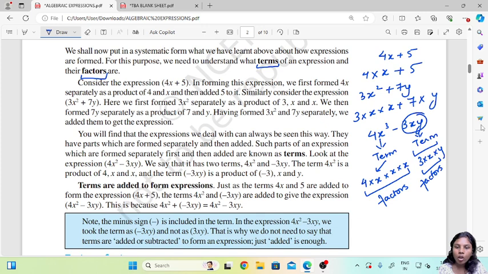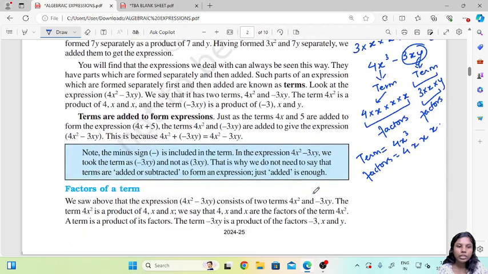When we talk about the term as a whole, it is 4x cube. This is the term. Its factors will be 4, x, x and x. Also remember that the minus sign which is there is also included in the term.